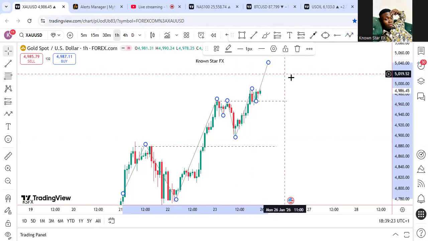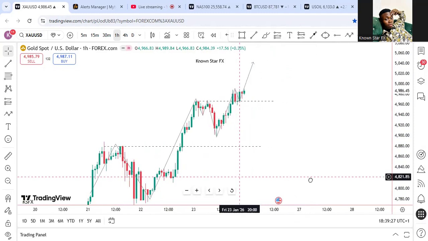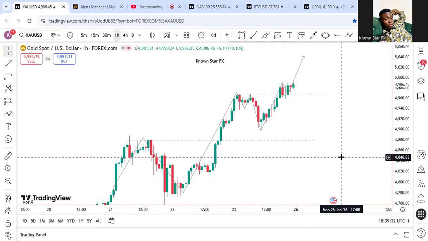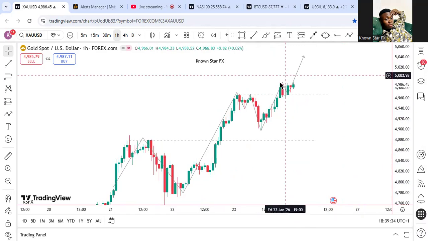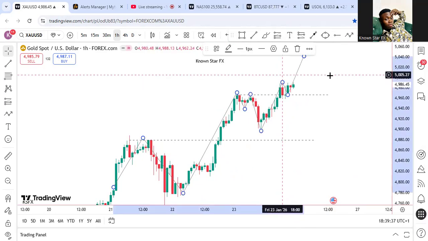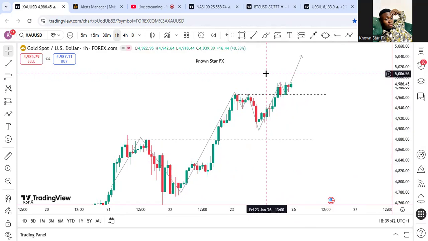A new higher high. So that's why you wonder sometimes why it is that anytime the market resumes on Sunday evening, on Sunday night, there used to be a spike, there used to be a gap. Because even when we are not actively trading, even during the weekend, price moves. The US dollar may increase or decrease in value over the weekend, and the reaction will show in the chart.